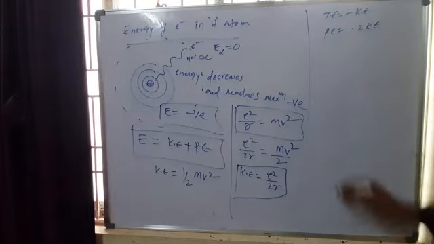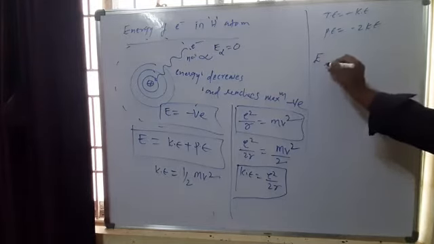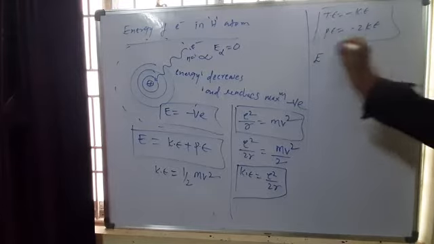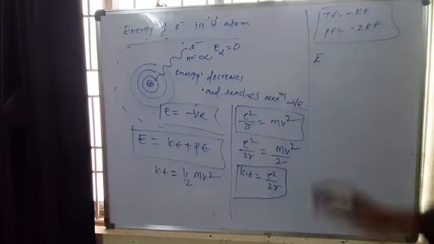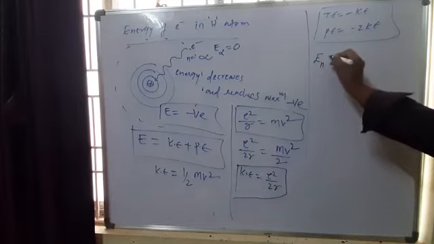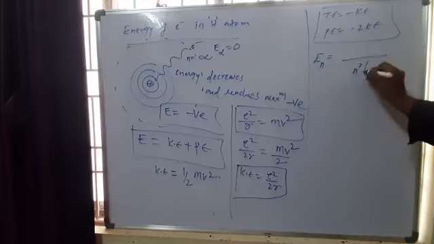If you substitute all these values, you will get the final equation. Energy of nth shell equals minus 2 pi square m e power 4 by n square h square.